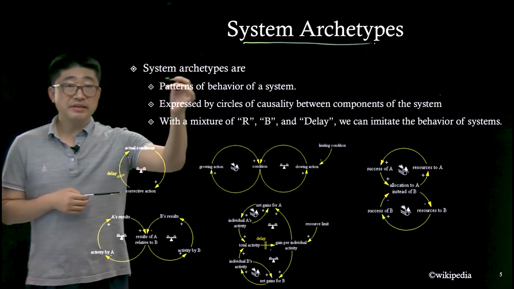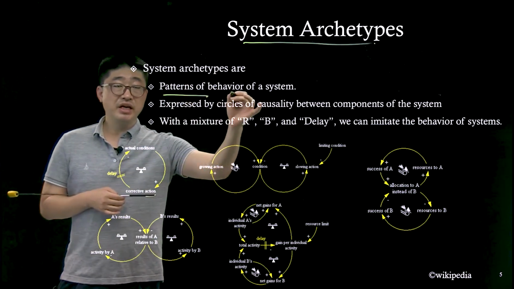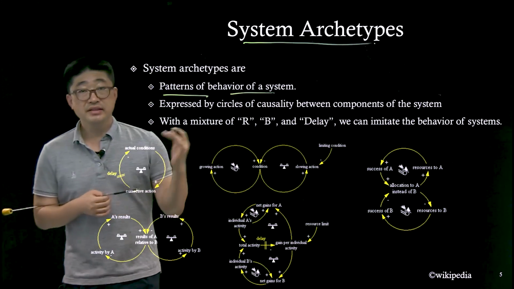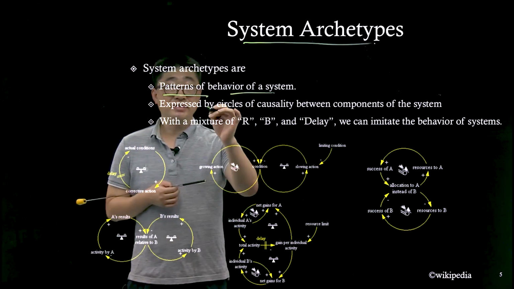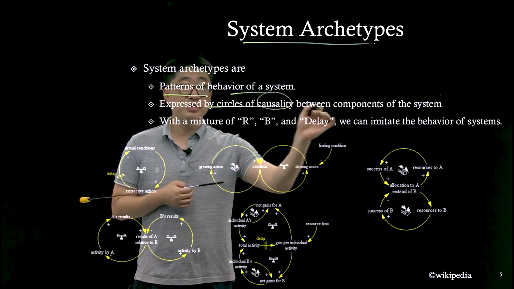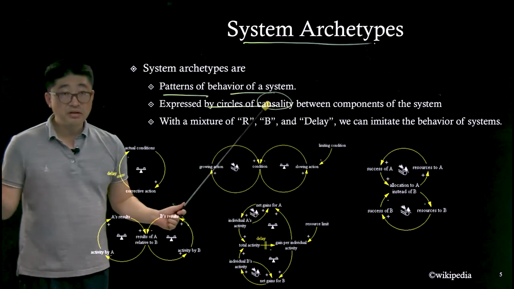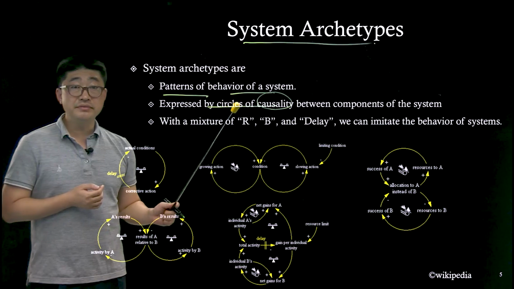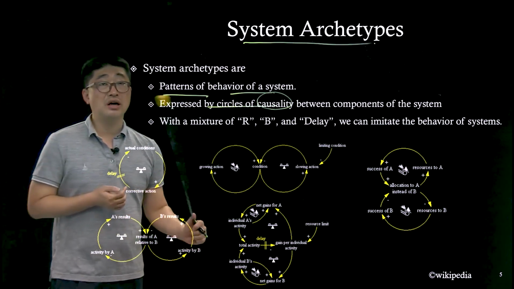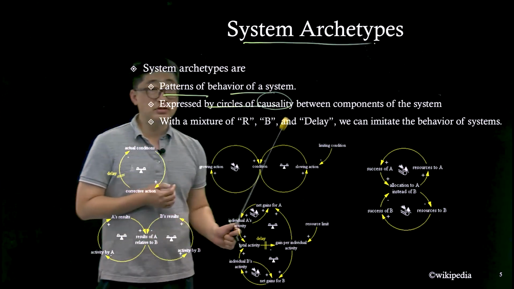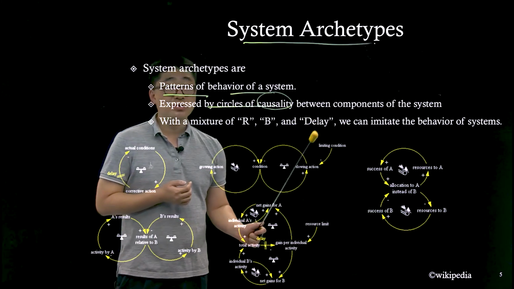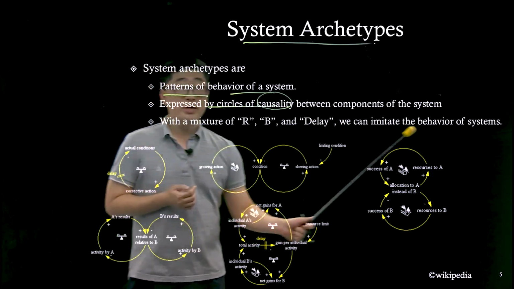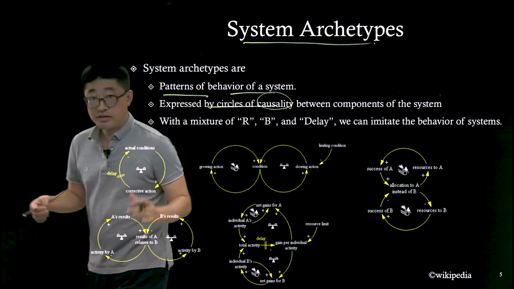So system archetypes are the patterns of behavior of a system, and they are expressed by a circle of causality between the components. Why? Because these circles will create a loop, and with the mixture of reinforcing loop, balancing loop, and the delay, which we are going to talk about later, we are going to imitate the behavior of the system.